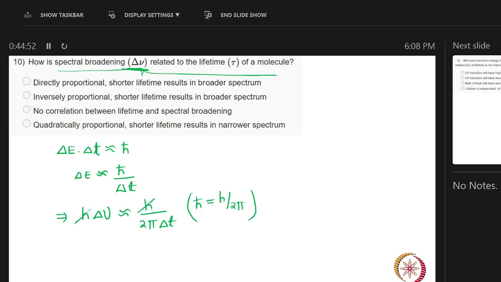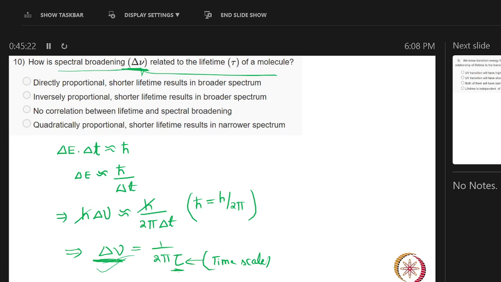This will be cancelled out. I will consider this approximately. This is your time scale. So we are seeing this spectral broadening is inversely related to this time scale. If the time scale is very small, this will be broad; if the time scale is large, this will be sharp.